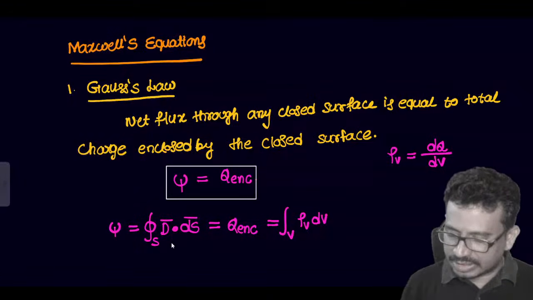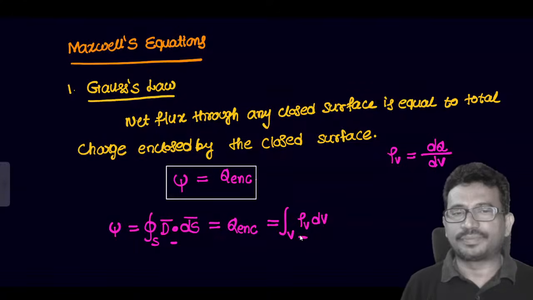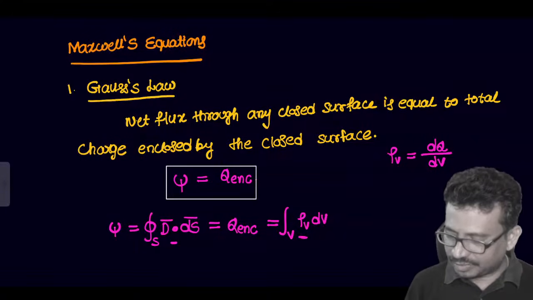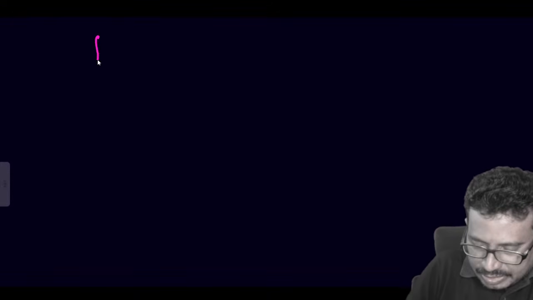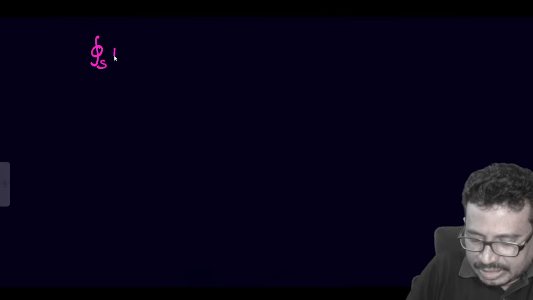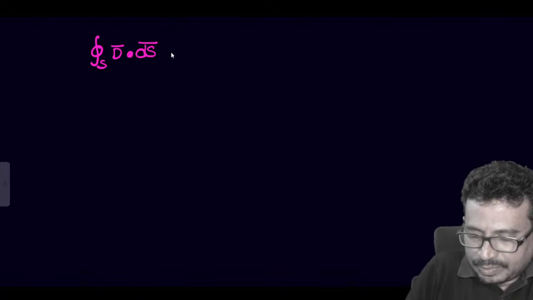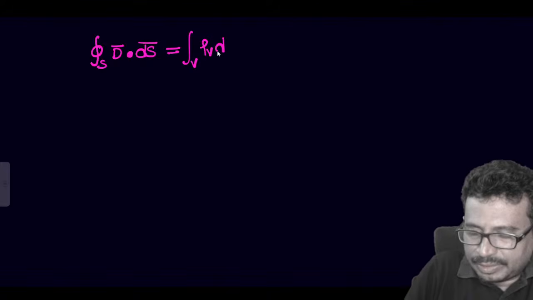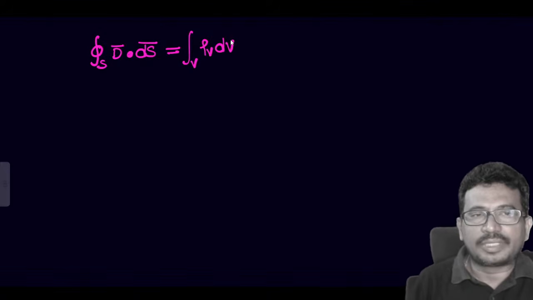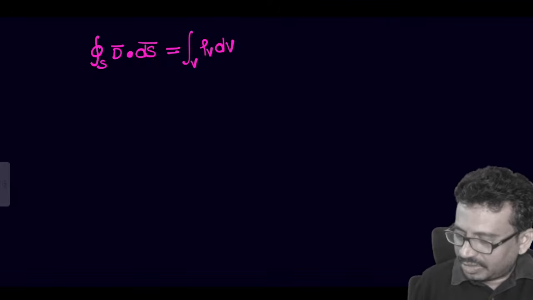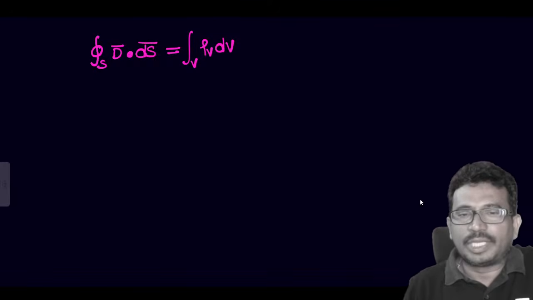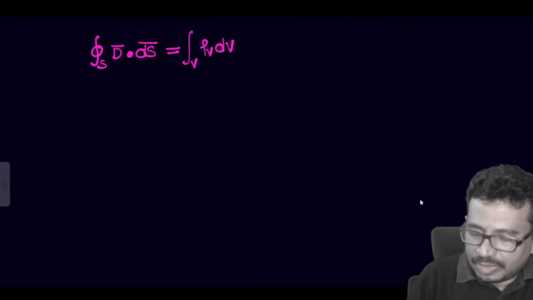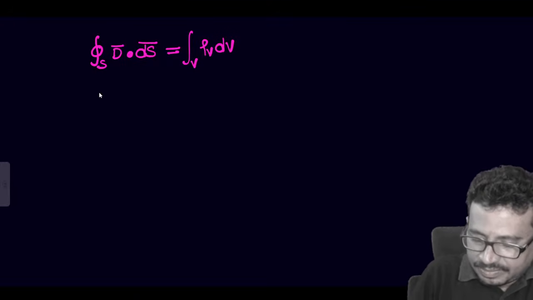Now by equating the second term and fourth term, what do we get? The closed surface integral of D bar dot dS equals the volume integration of rho v into dv. On the left side we have a closed surface integral, so we use the divergence theorem.